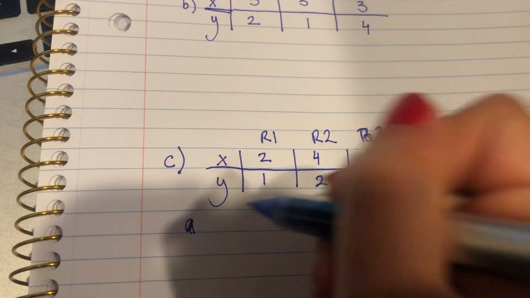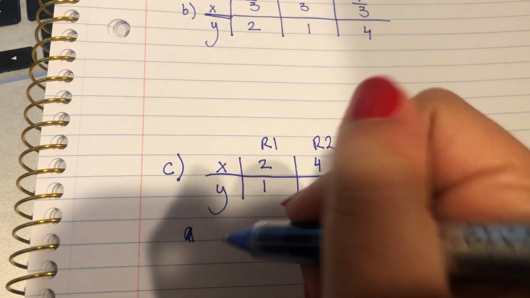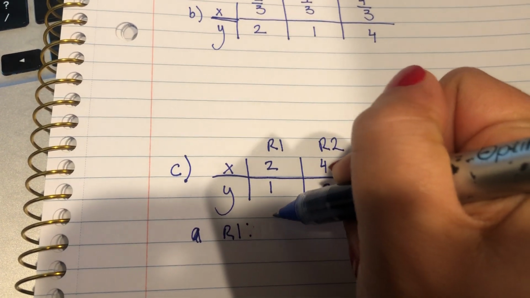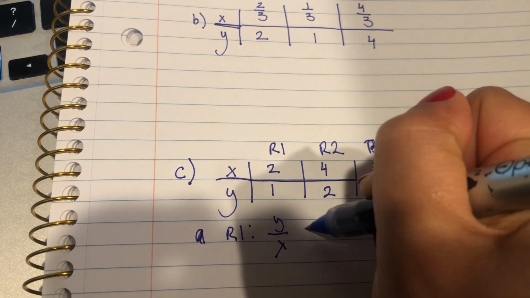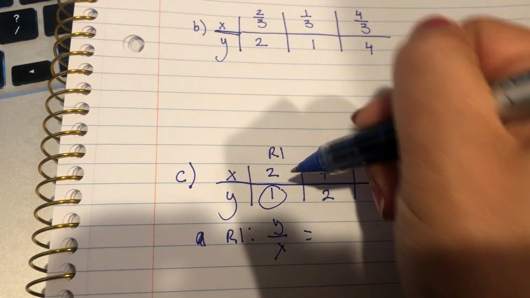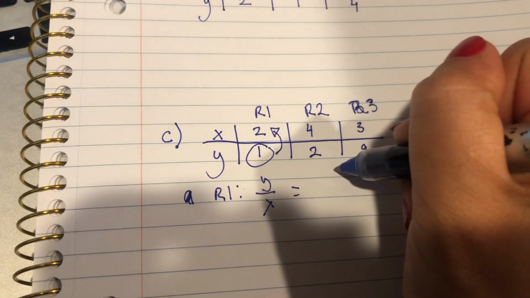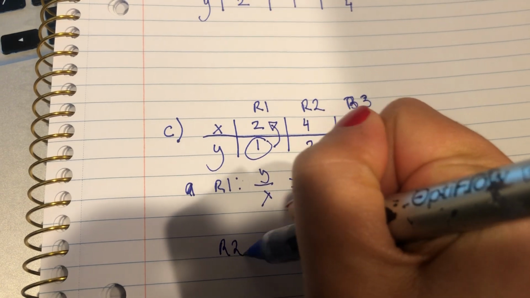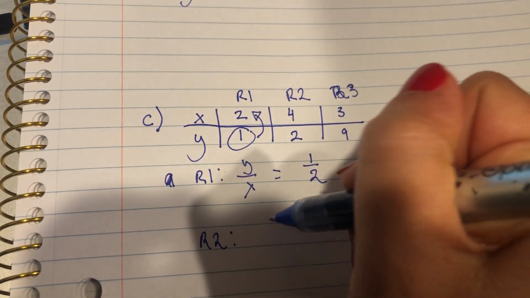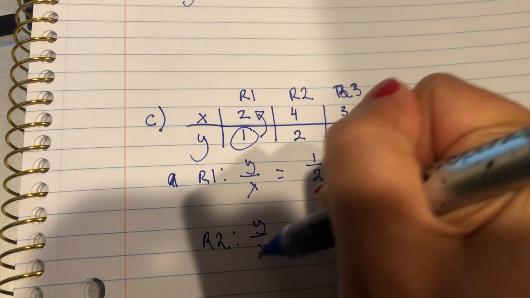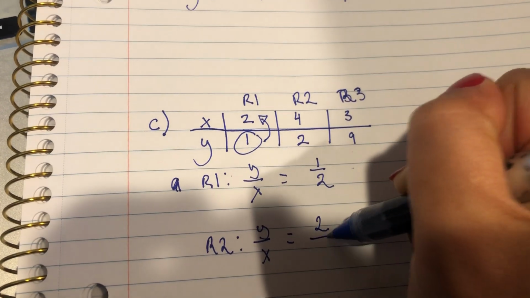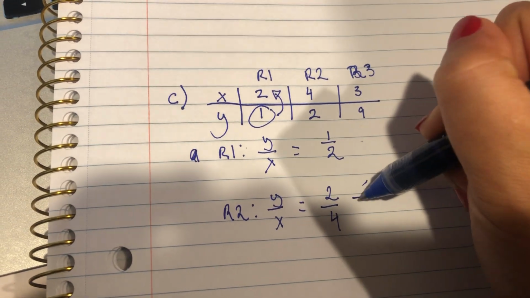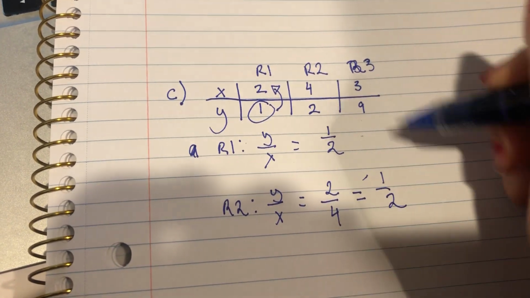Now, quickly, if I do ratio 1, we get y over x. That's going to be y is 1, x is 2. So that's 1/2. Okay, ratio 2, we do y over x. That gives me 2/4. And 2/4 also is 1/2 because 2 is half of 4.